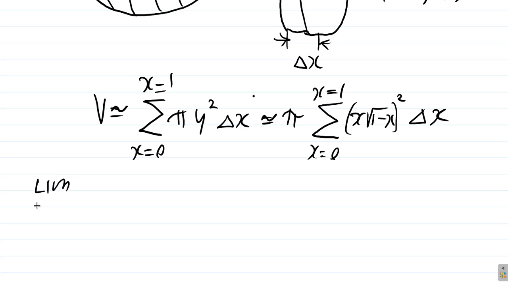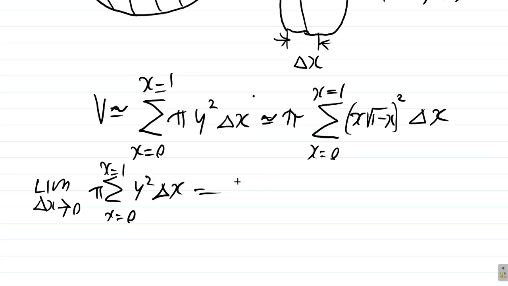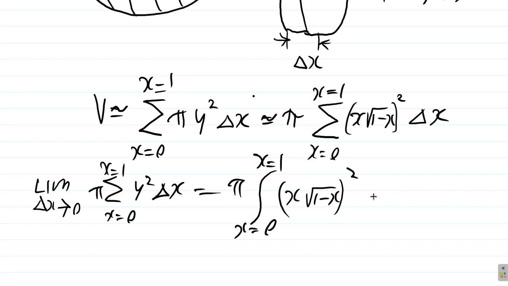So the limit as delta x tends to 0 of the sum from x equals 0 to x equals 1 of pi y squared delta x is equal to pi times the integral from x equals 0 to x equals 1 of y squared, which is x square root of 1 minus x, squared, dx.